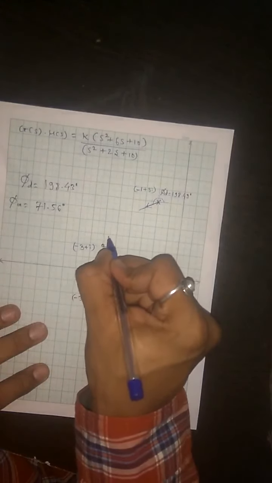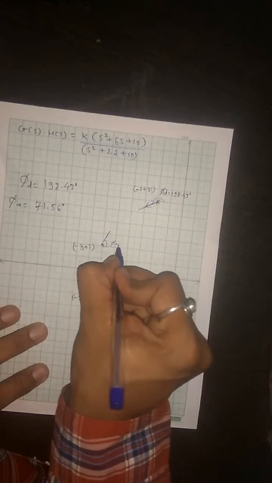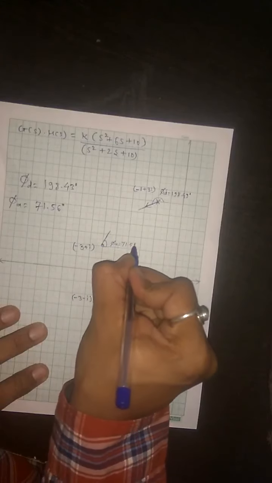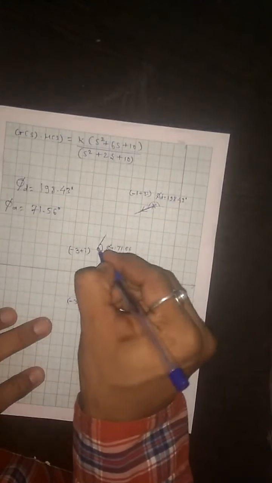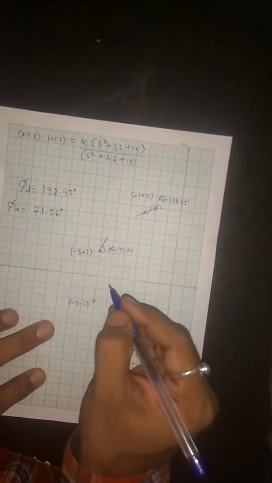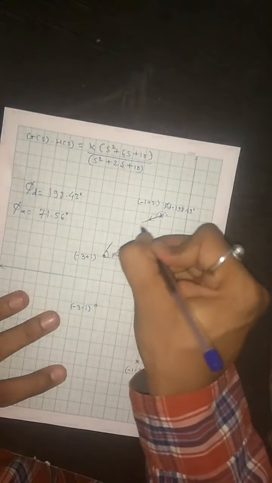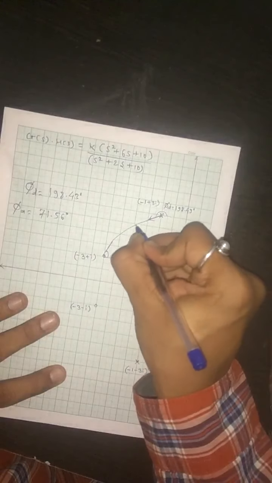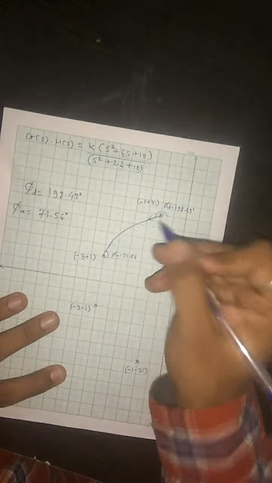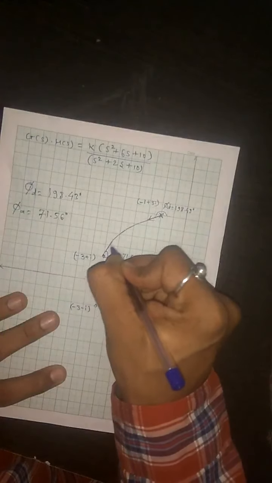Suppose this is your phi A equal to 71.56. You should draw this line with actual measurement of angle, and connect these with a smooth curve. Don't show extra slope. So root locus will start from this pole and end on this 0.